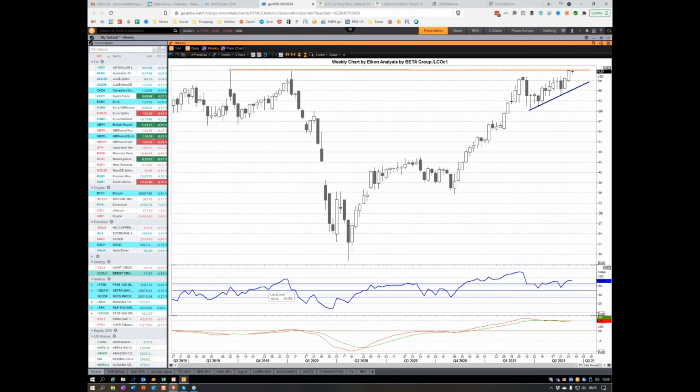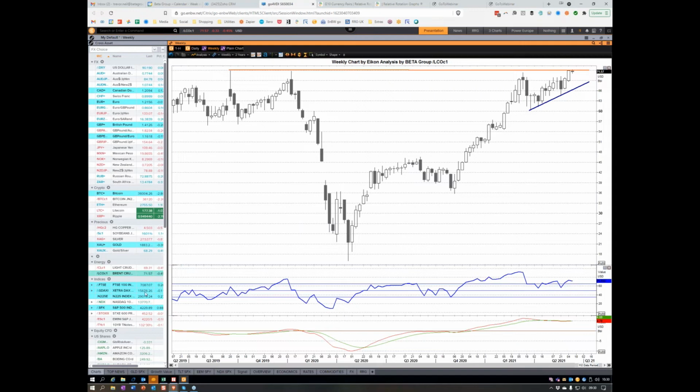Anything above 20 or 25 is considered to be trendy, and of course the trend has been up in these markets, but it's lost a lot of power. The best looking one, we recognize as the best opportunity, is the German 30 index.